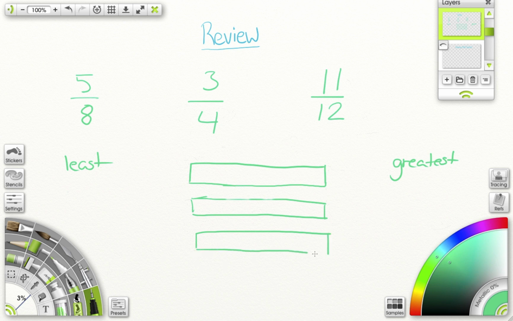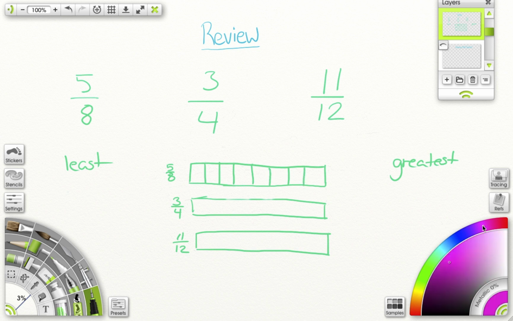And there we go. So my first fraction is 5/8. So this fraction strip right here will be for 5/8. This one will be for 3/4. And this one will be for 11/12, sorry. So for my first one, I have to split this up into 8 equal sections. So I'm going to split it in half, split these in half again, that will give me 4, and split each of these in half, and that will give me 8.